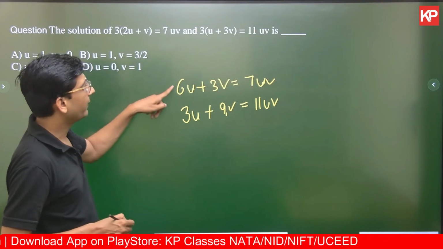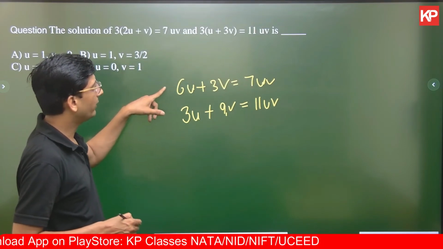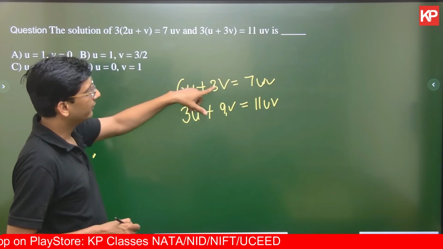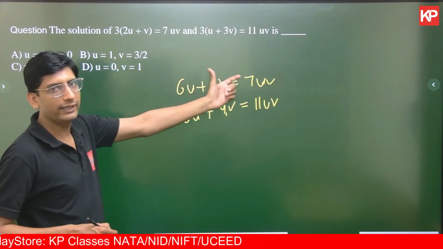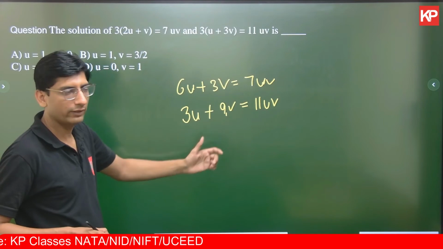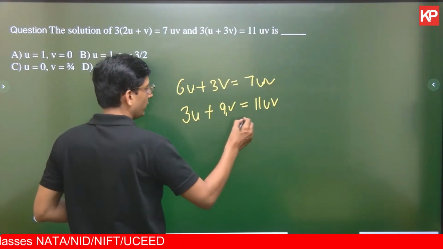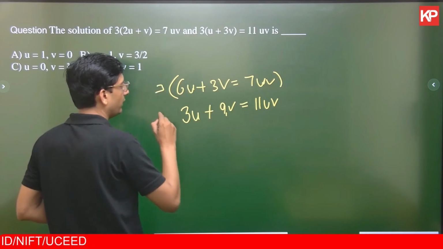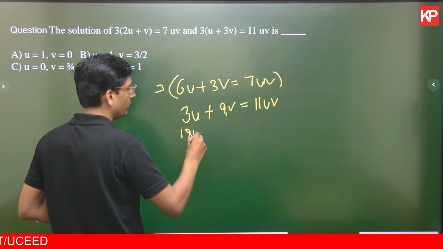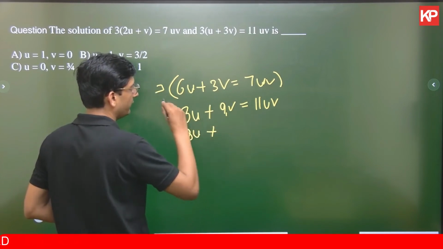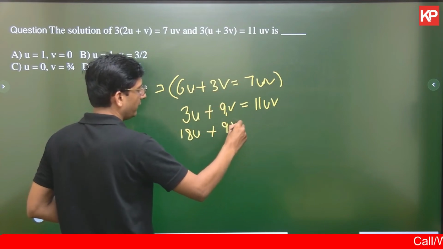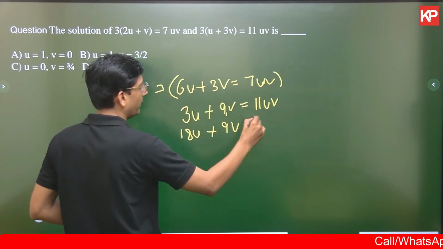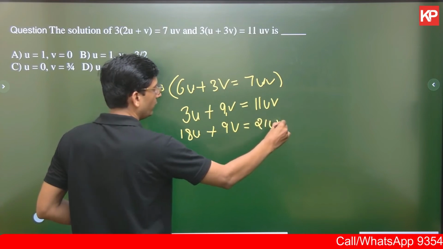If I am going to multiply this equation by 3, it will become 18, and this is the greater value, and then I will subtract this one. Let me show it to you. Suppose I am multiplying this whole equation by 3, so that becomes 18u plus 3 3s are 9v is equals to 3 multiplied by 7, 21uv.